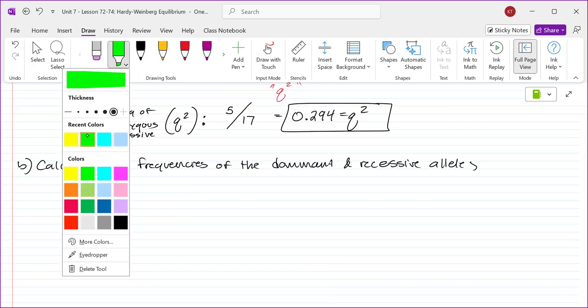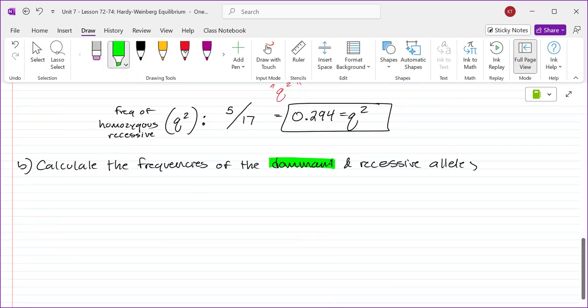Let's see. Based on your notes from yesterday, Leo, what variable represents the frequency of the dominant allele? That is correct. And while you're at it, can you tell me what variable represents the frequency of the recessive allele? That is correct. You guys are being asked to find p and q here. Now, part A is going to help you out.